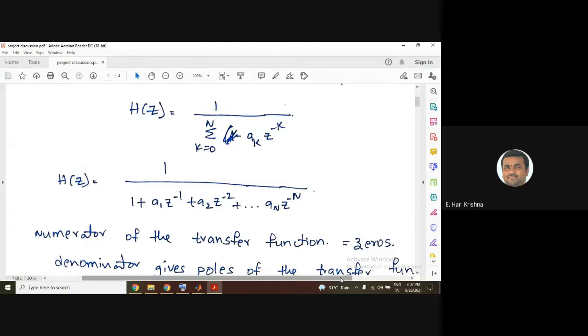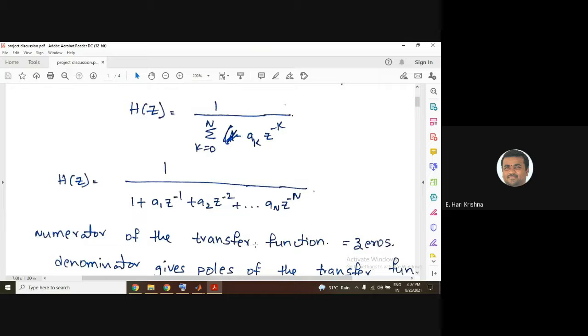Remember that if you equate the numerator of the transfer function to 0 and find the roots of the numerator polynomial, those roots are called zeros of the transfer function. So the numerator gives zeros.